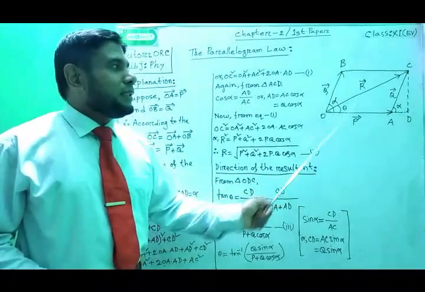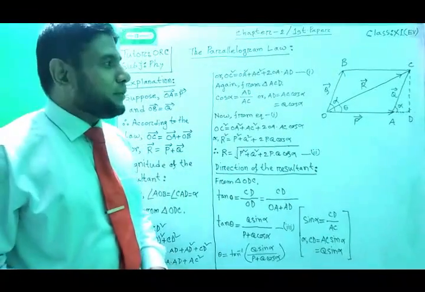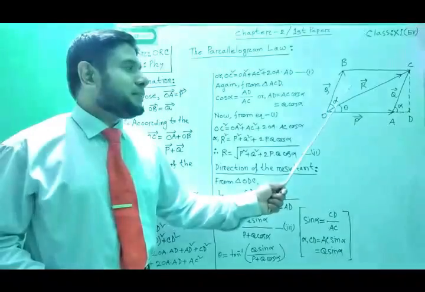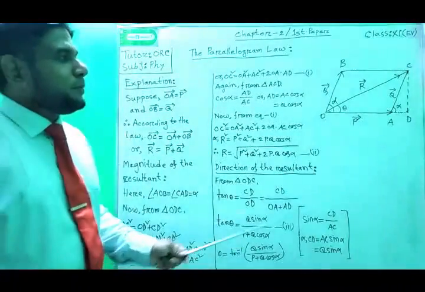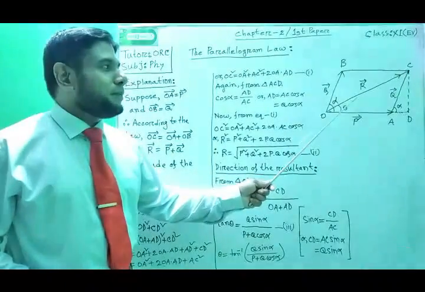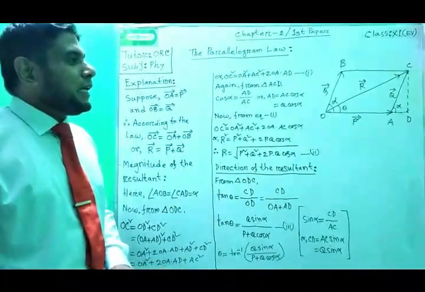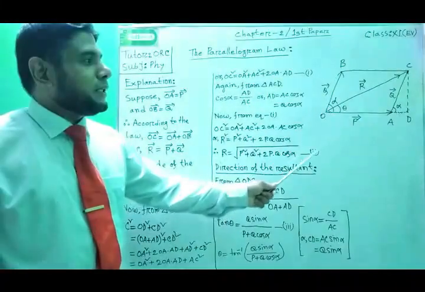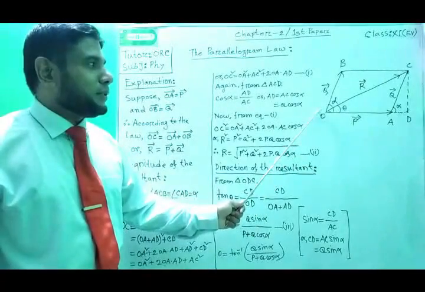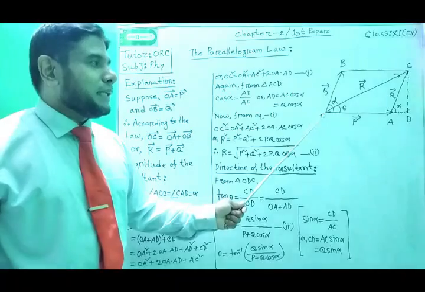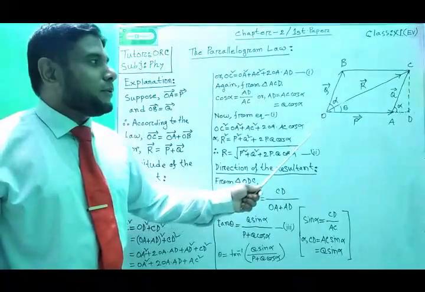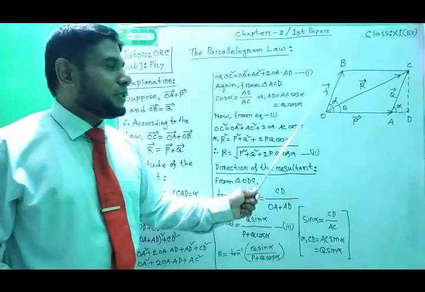And along OC, suppose you have submitted the symbol of the resultant, vector R. When we submit the explanation, from the information of this parallelogram, the diagonal will indicate the resultant of those two vectors.